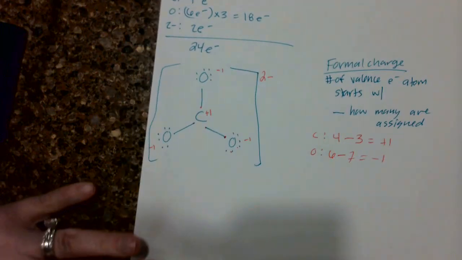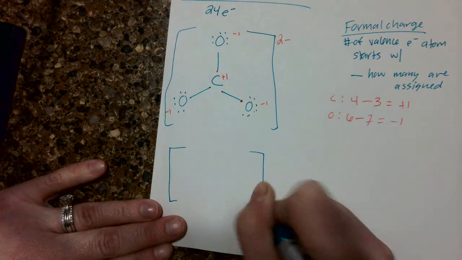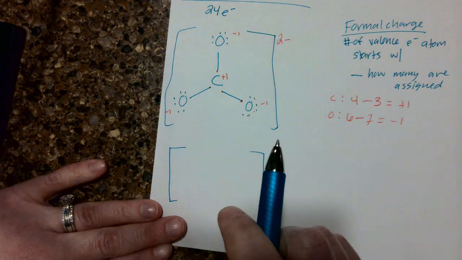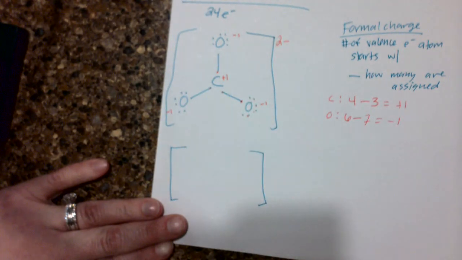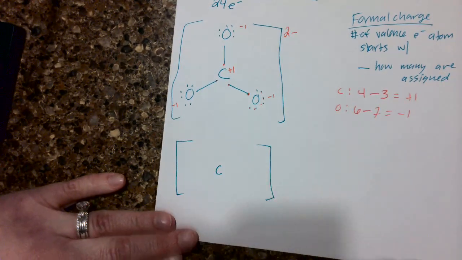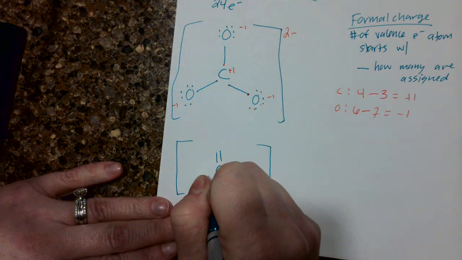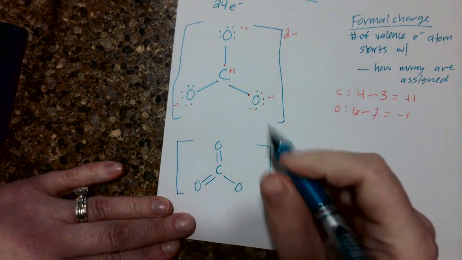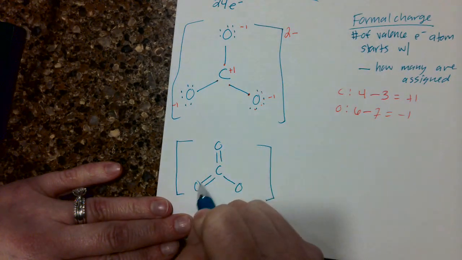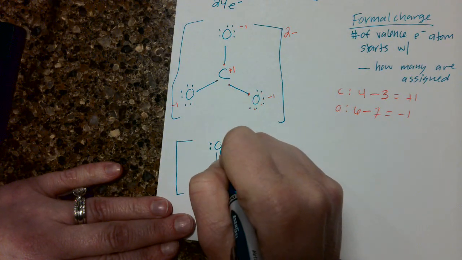So this obviously is probably not going to be the best dot structure we can come up with, right? We're trying to think of all the ways that we can draw 1 carbon, 3 oxygens, and still have 24 electrons to get the charge of minus 2. So let's try, maybe somebody does two double bonds and a single bond. So now let's put the oxygens there. So there's 1, 2, 3, 4, 5, 6, 7, 8, 9, 10, 11, 12, 13, 14.